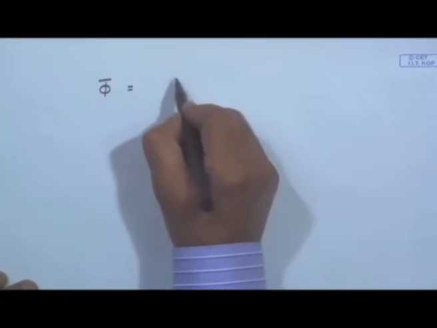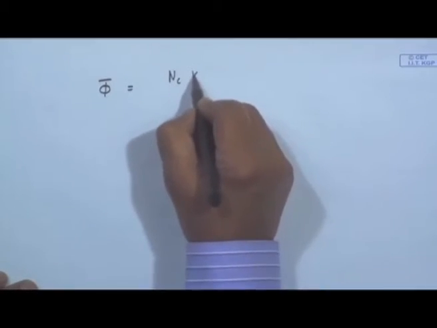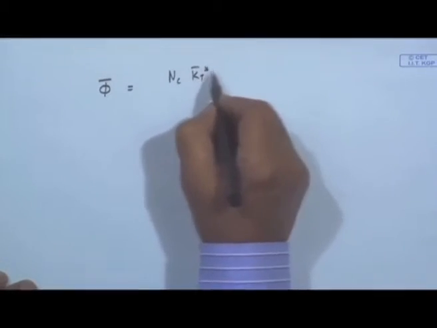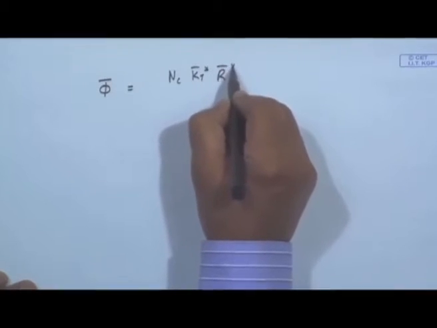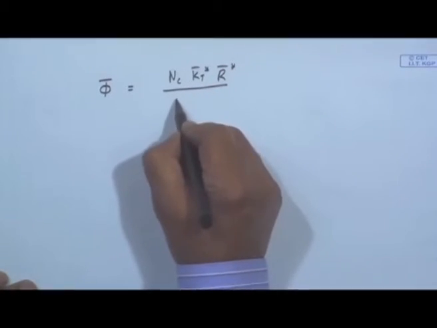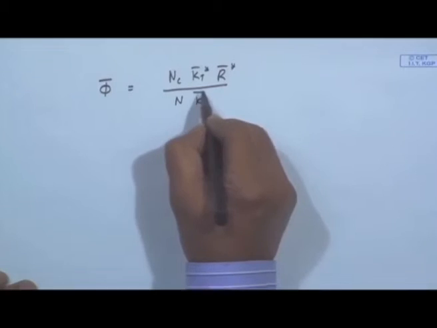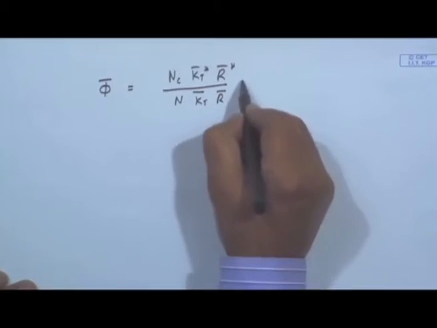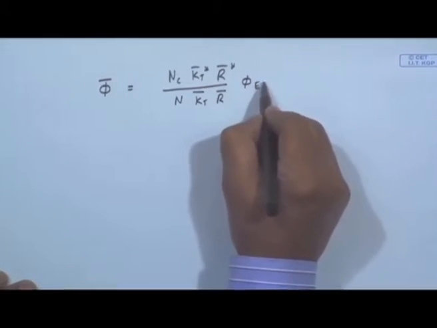So, which we already have got, phi bar should be simply NC KT bar star R bar star by N KT bar R bar into phi EMD.